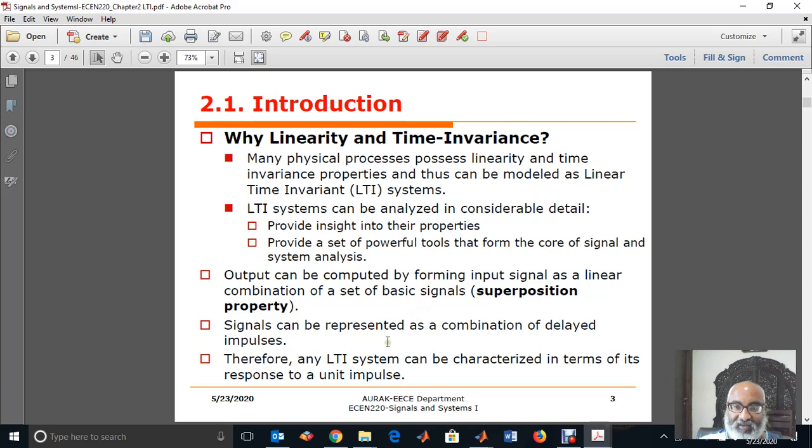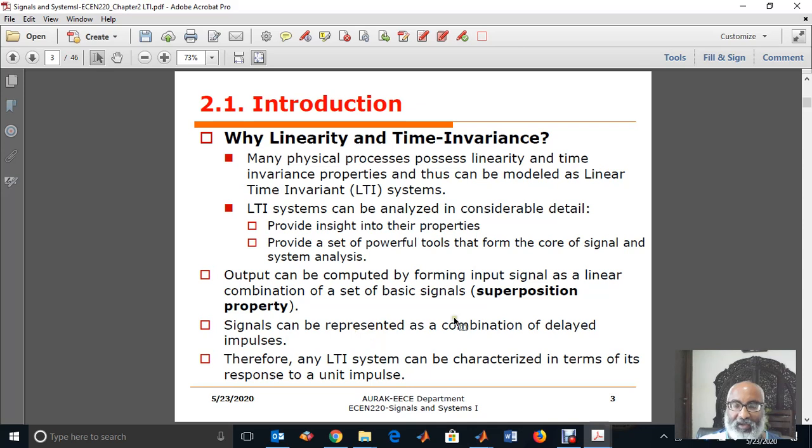Another one is that signals can be represented as a combination of delayed impulses. This is a very useful property because for an impulse we have an output called the impulse response, or the unit impulse response.